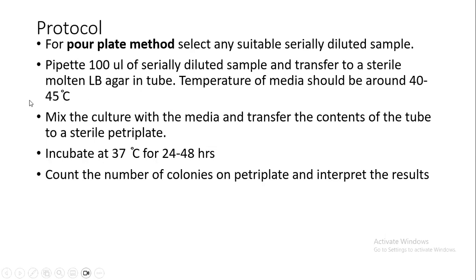This temperature will allow the media to be molten, and at the same time it will be bearable for the microorganisms to survive. Immediately, we need to mix the culture with the media and transfer the contents onto a sterile Petri plate. Followed by this, the Petri plate is incubated at 37 degrees Celsius for 24 to 48 hours. Then again, the number of colonies obtained are counted on the Petri plate and results are interpreted.